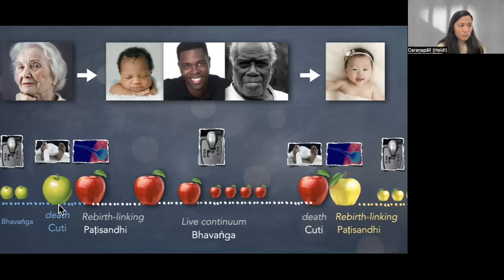A different cuti consciousness from the past life, then immediately a different rebirth consciousness arises. It will go all throughout his life with that same type of resulting consciousness, serving as rebirth, bhavanga, and death. Then another lifetime will have another rebirth consciousness, the result of a different karma.